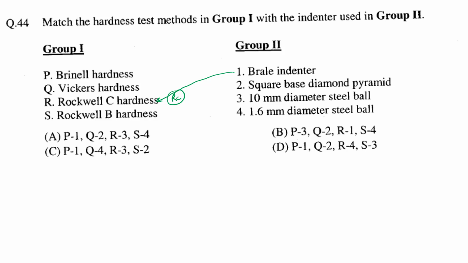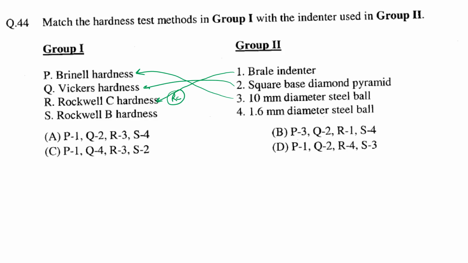applications. All automobile industries, all small scale industries use this RC, as well as the big industries. And the square base diamond pyramid is used in Vickers hardness. The 10 mm diameter steel ball is used in Brinell hardness.